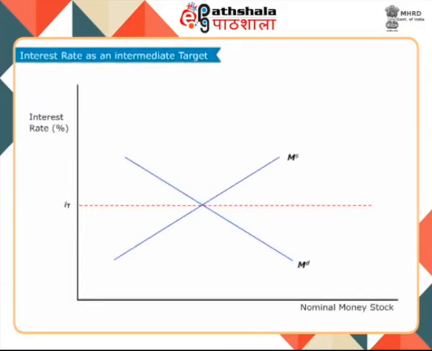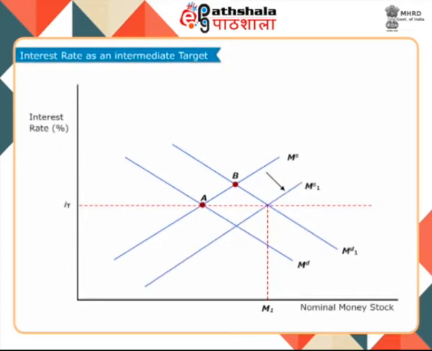Beginning at point A, where MD intersects with MS, an increase in the money demand to M1 moves the economy to point B. To counteract this increase in the interest rate, the RBI raises the money supply to MS1, moving the equilibrium to point C, where the interest rate stays at the target but the money stock has increased.